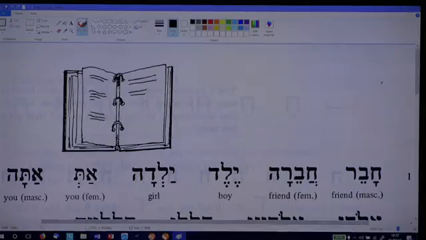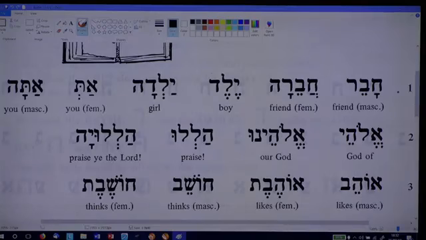I think you guys are getting close to the saturation point because it sure looks like it. Okay, we're going to go to page 30. And we need to look at words. Page 30. Top of the page.